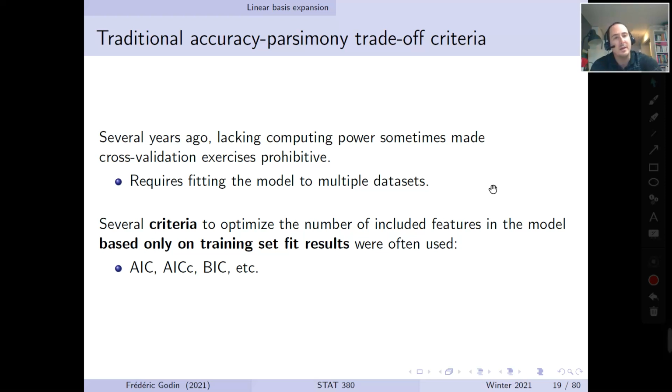So traditionally there were other criteria developed to assess the performance, which didn't rely on out of sample performance assessment.